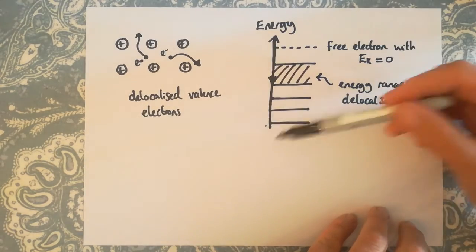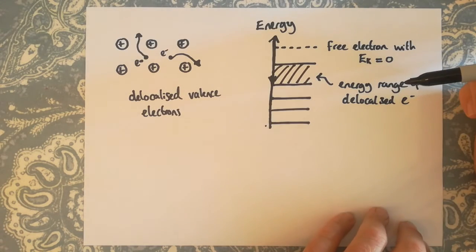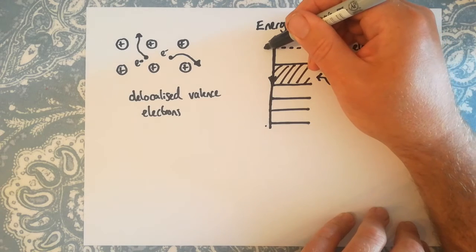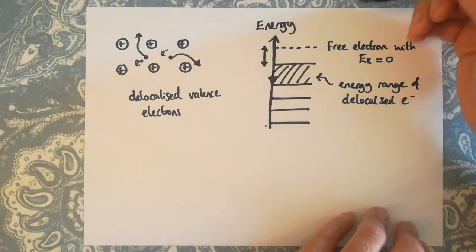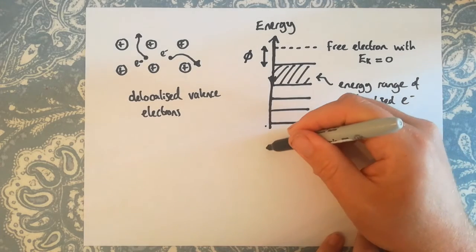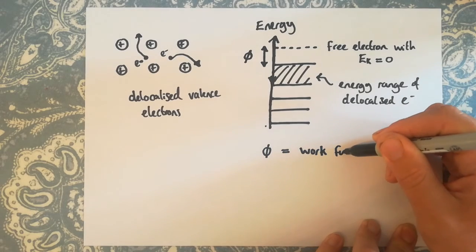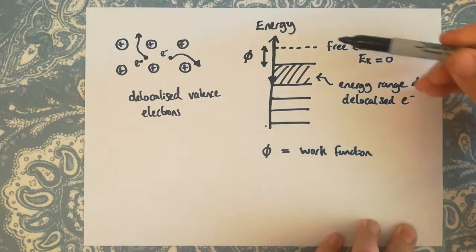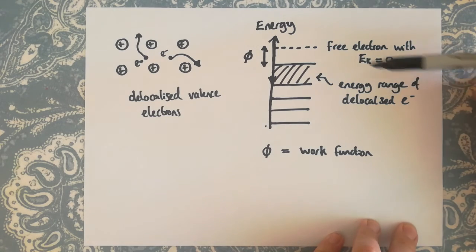So we're going to define on this graph an important quantity that is going to come up again in the photoelectric effect, and that's something called the work function. The work function is that amount of energy there, and we use the symbol phi. The work function is the amount of energy that is needed to free the most energetic delocalized electron.